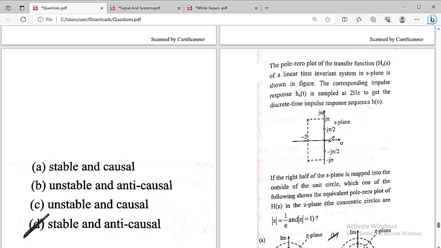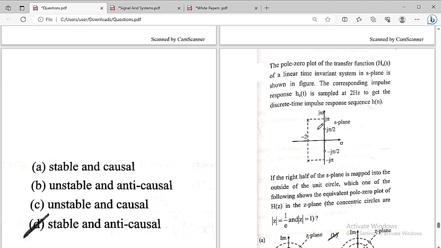So basically, this is nothing but the pole zero plot of the transfer function H of S of a linear time invariant system in the S plane. It means that in the continuous time domain, we have the Laplace transform of H of t, which is H of S, and this is the pole zero plot. The zeros are plus j by 2, minus j by 2, and minus 2.